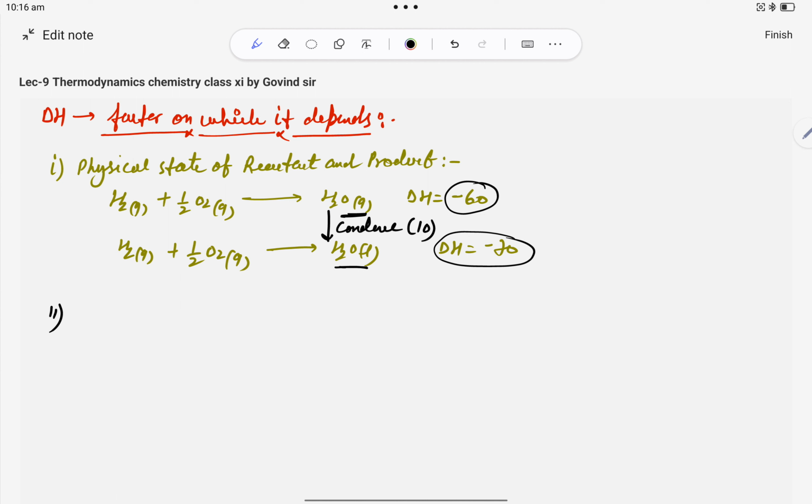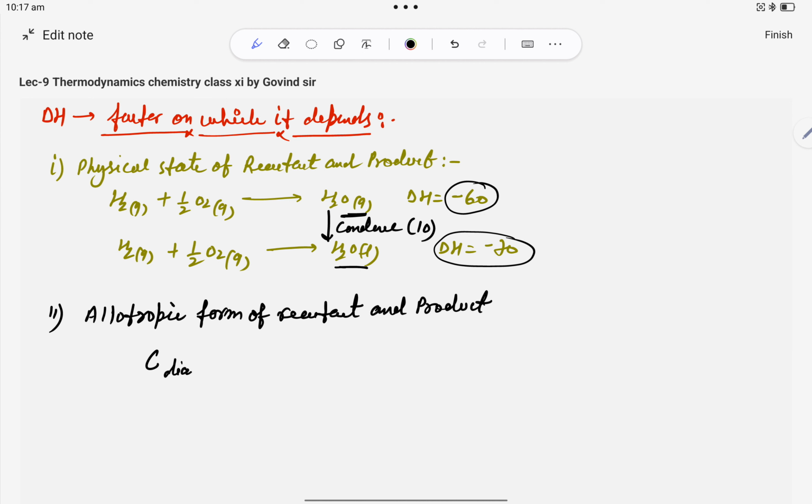Number 2, allotropic form of reactant and products. It depends upon allotropic form of reactant and product. Like C means diamond, carbon in which form? Diamond.